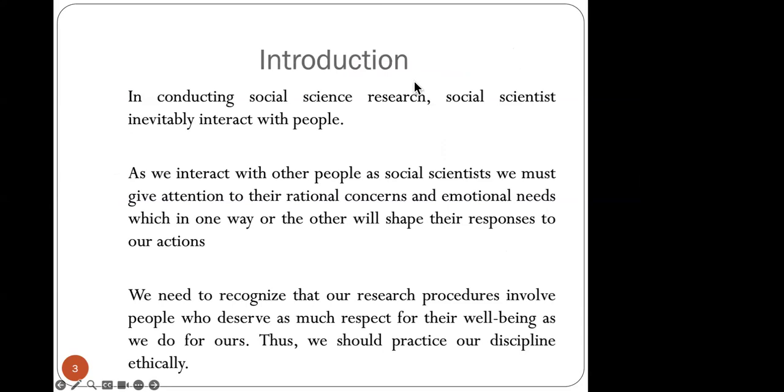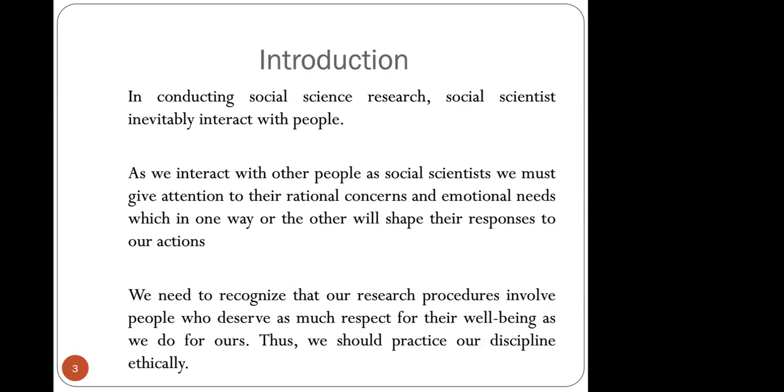In conducting social science research, social scientists inevitably interact with people, because no matter how you do it, if you are doing a quantitative study, you still have to distribute your questionnaire to the participants or respondents.